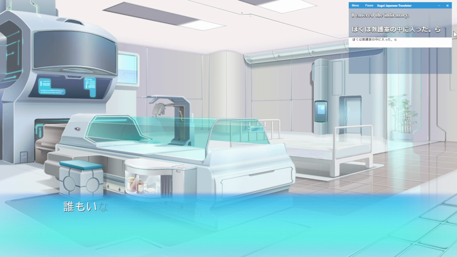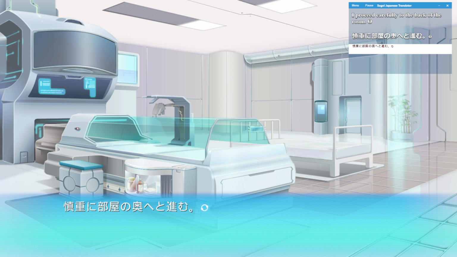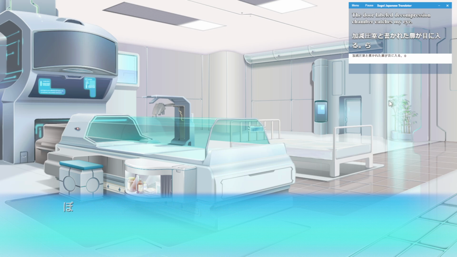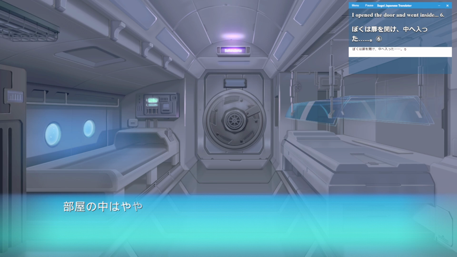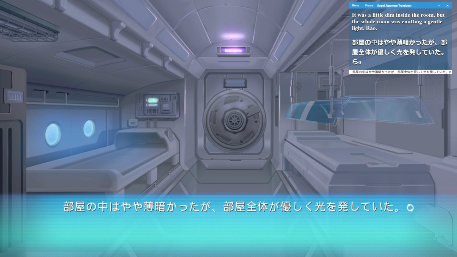I entered the infirmary. There was no one here. I proceed carefully to the back of the room. The door labeled decompression chamber catches my eye. I opened the door and went inside. It was a little dim inside the room, but the whole room was emitting a gentle light.